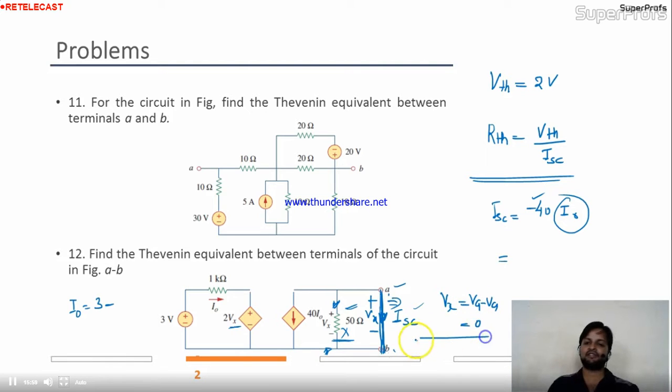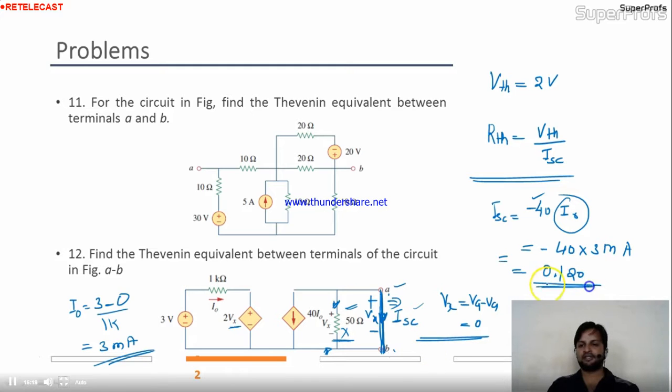It means it's 0. So Vx is 0. We shorted it, that's why Vx becomes 0. 3 minus 0 by 1k, so this is nothing but 3 milliampere. So I naught we have, minus 40 into 3 milliampere. Is it okay? So this is nothing but 0.120. I hope it's clear for you.